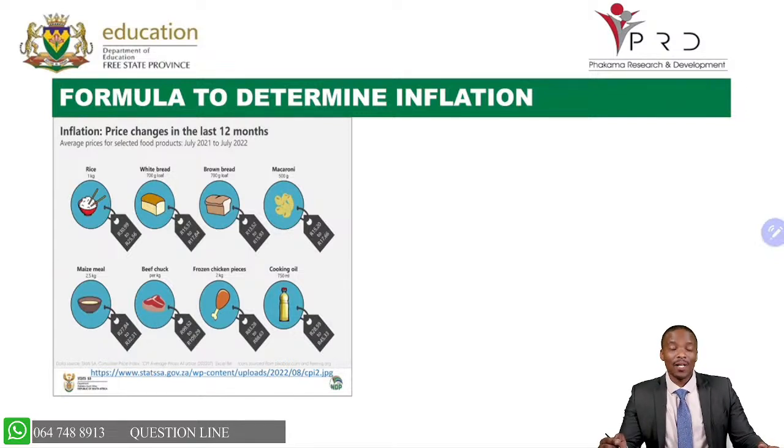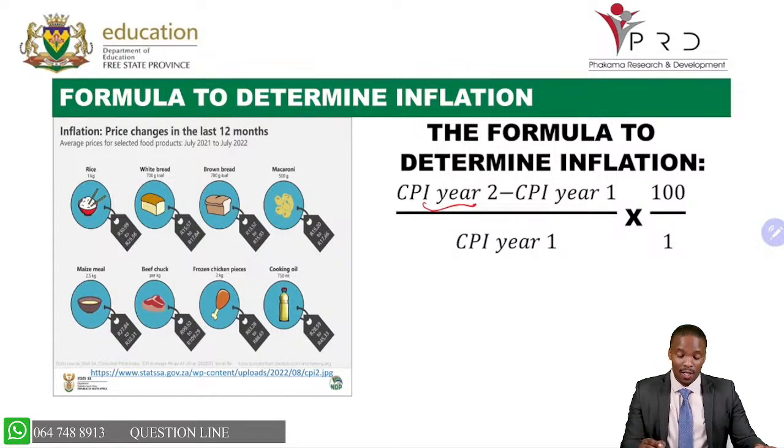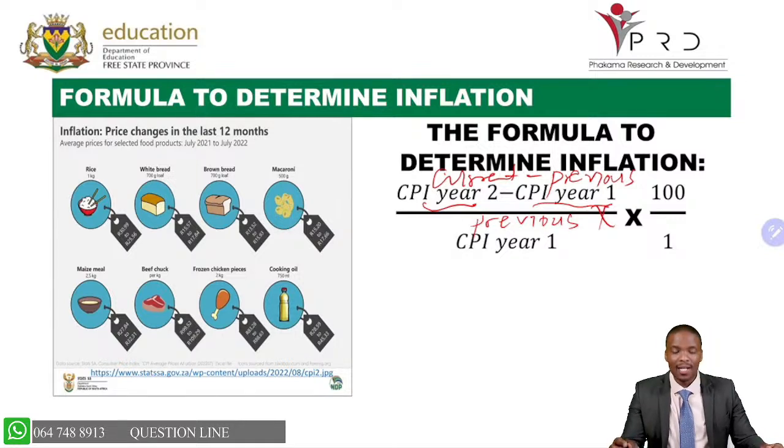Right. So when we look at the formula for inflation, where we use the CPI of year 1 and year 2, I think it's easier to say current minus previous, divided by previous, multiplied by 100.